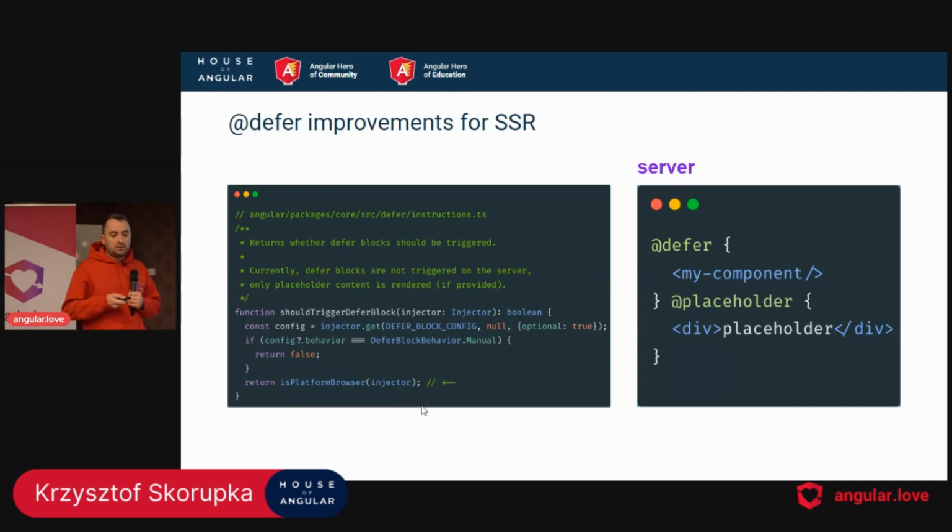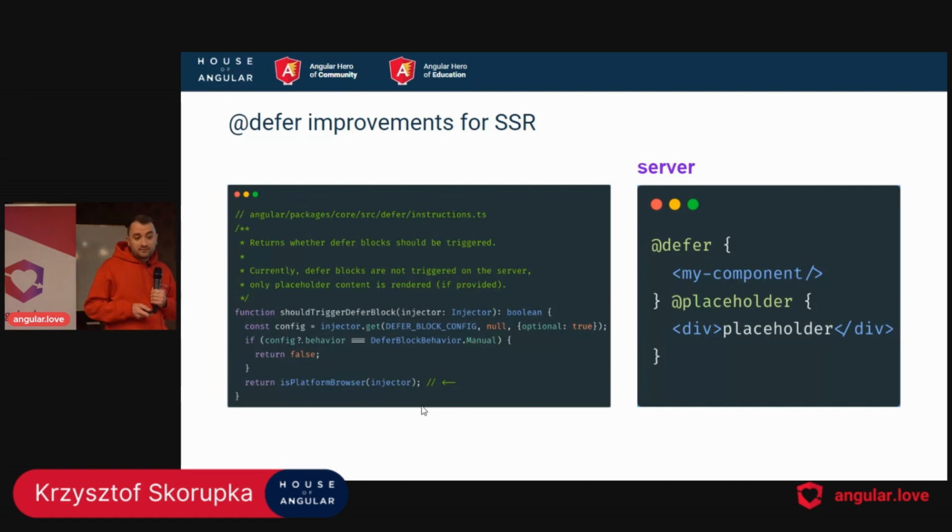So then what we need here is the fine hydration mechanism, which will allow us to render this on the server, but leave it static and not immediately hydrated on the browser.